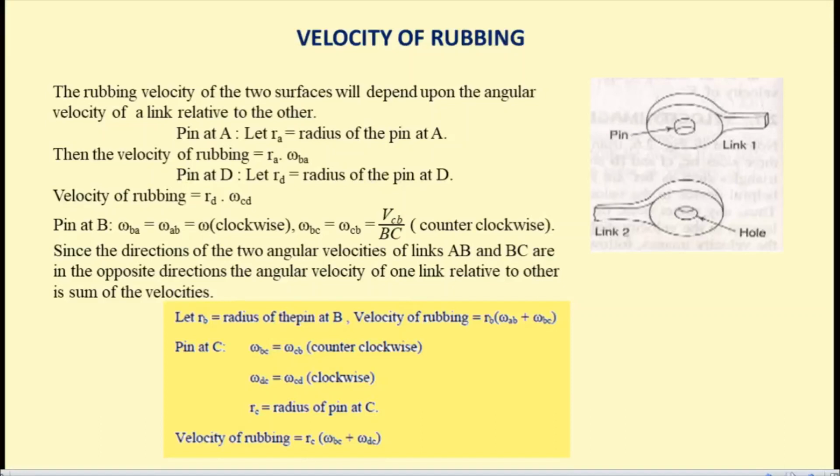So considering the radius of pin RC, the velocity of rubbing will be RC into omega BC plus omega DC. So this is the velocity of rubbing which is required in some situations for calculation purposes and to find out the shelf life or working life of a pin joint or a hinge joint.